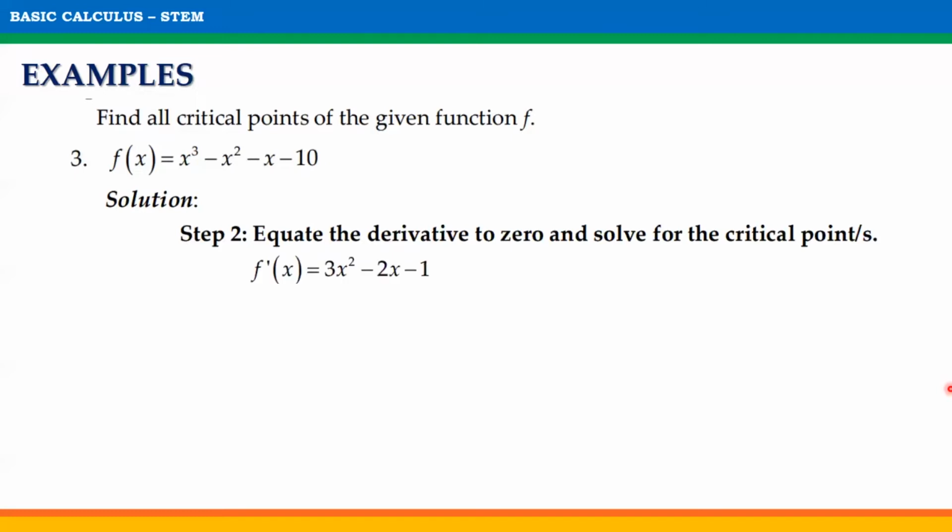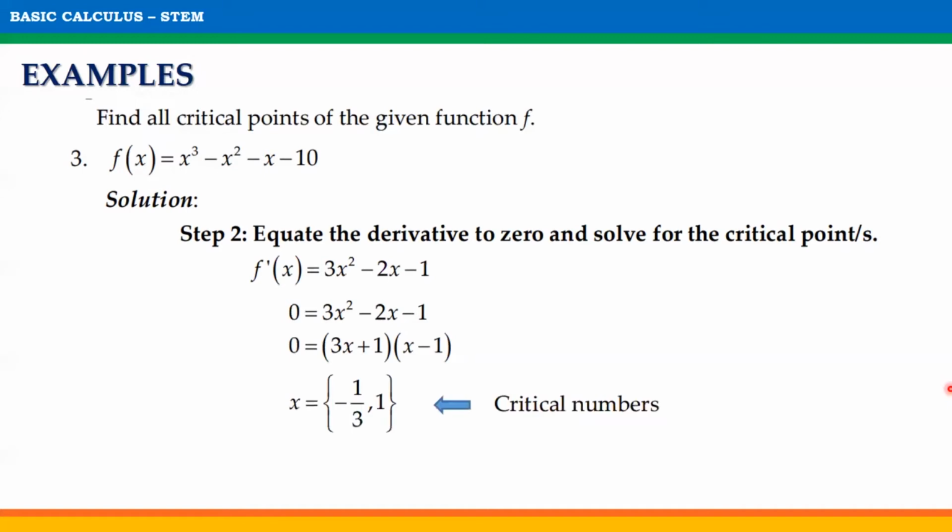Equating it to 0, we get 0 equals 3x squared minus 2x minus 1. Since this is a quadratic function, we can factor the trinomial into 3x plus 1 quantity x minus 1. By equating both factors to 0, we get the critical numbers negative 1/3 and 1.